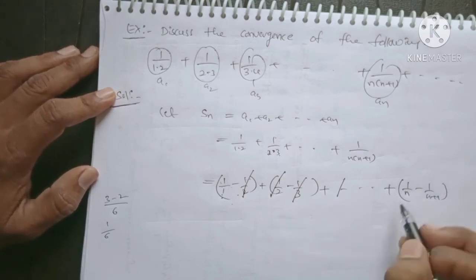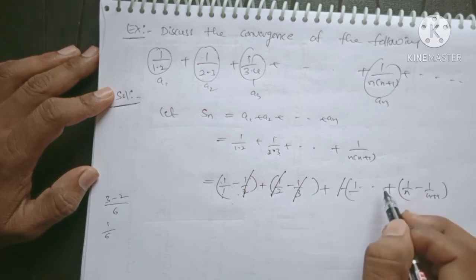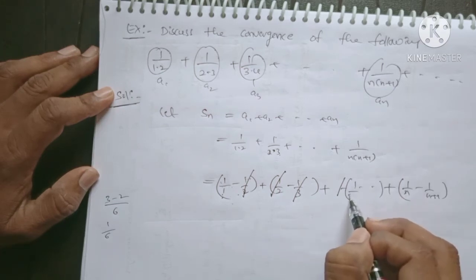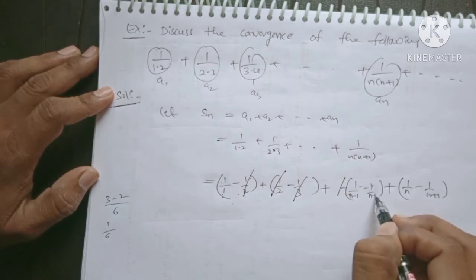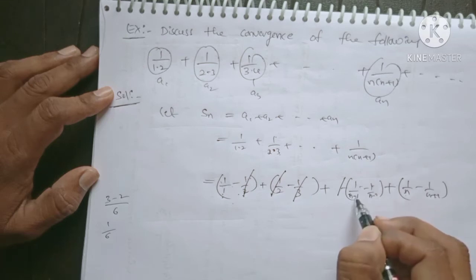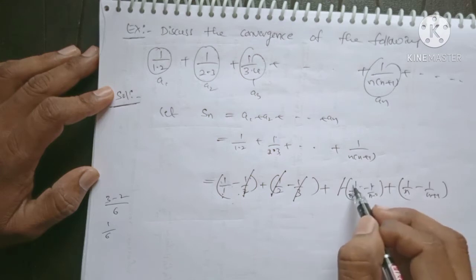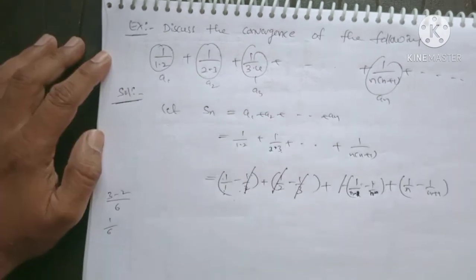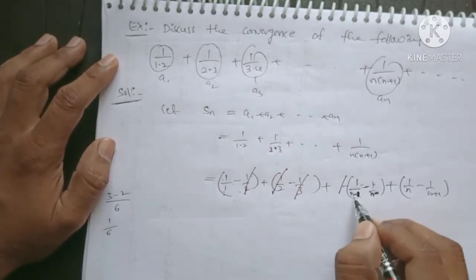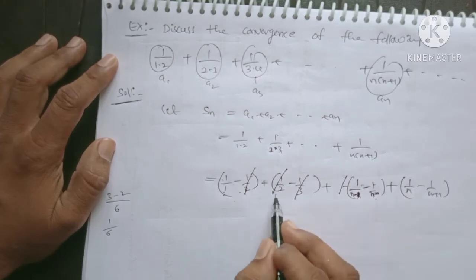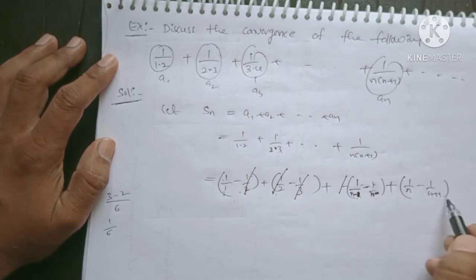Next, before 1 by n, before that 1 by (n plus 1), before that is 1 by (n minus 1) minus 1 by n, and then plus 1 by n minus 1 by (n plus 1).